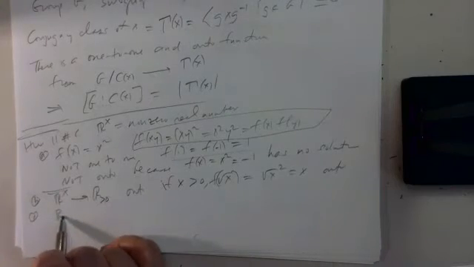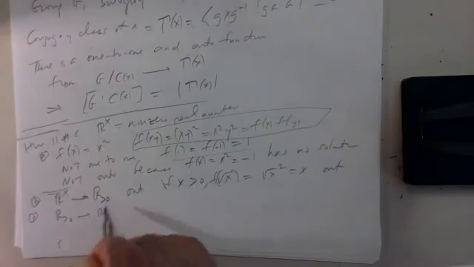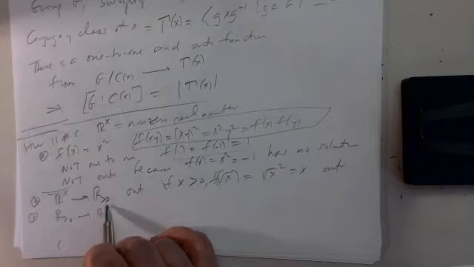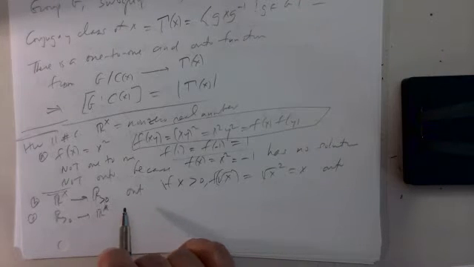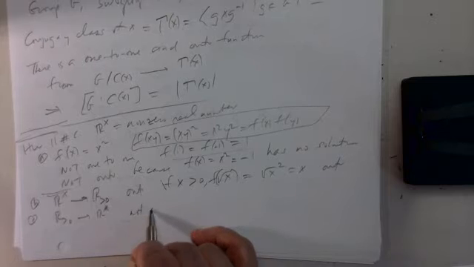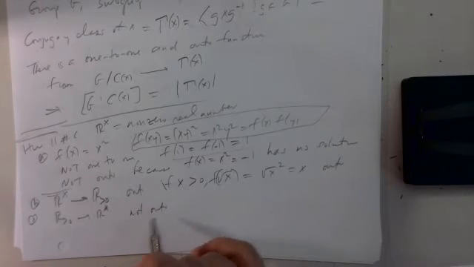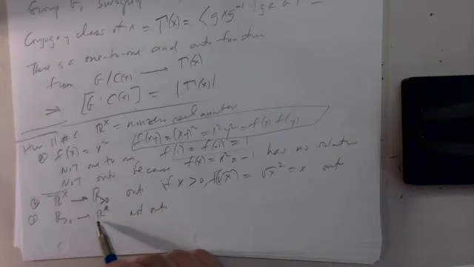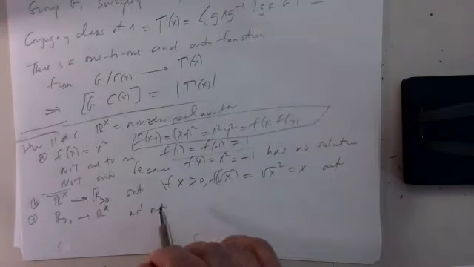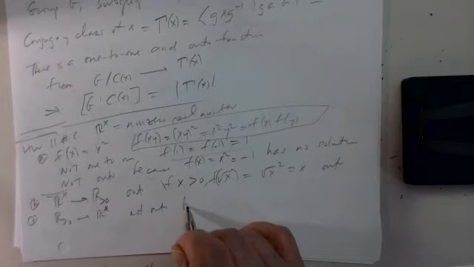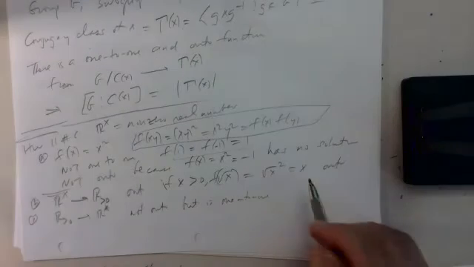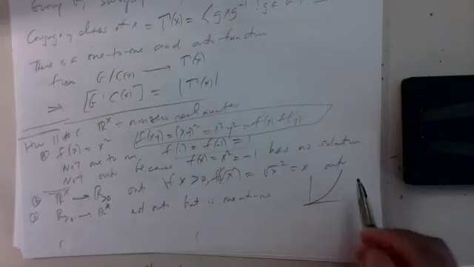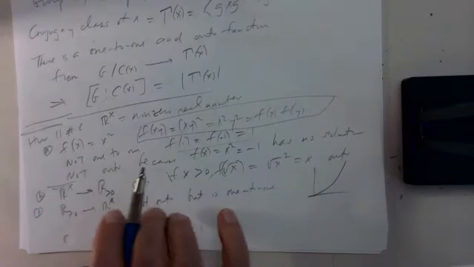If I go from the positive reals to all the non-zero reals, squaring, it's not onto because nothing gets sent to a negative. The square of a real number is never negative, but it is one-to-one, because if you look at the squaring function for the positive numbers, it's strictly increasing.